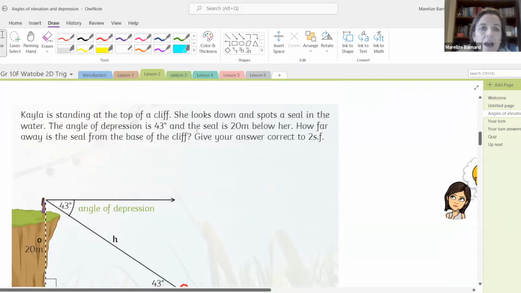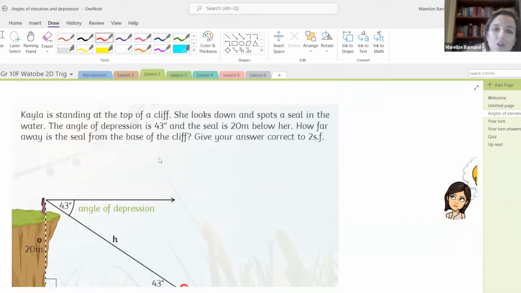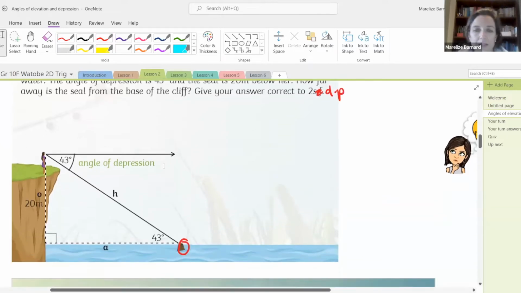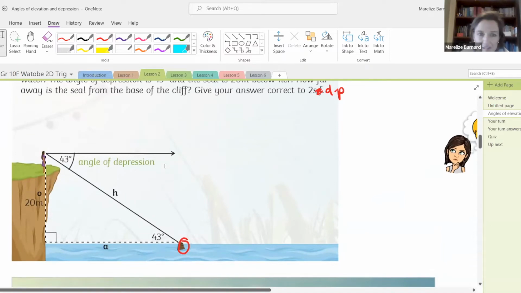And how far away is the seal from the base of the cliff? Give your answer to two decimal places. Okay, so let's see how we can work that out.